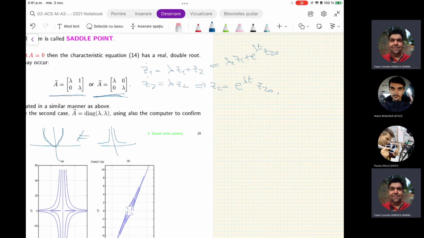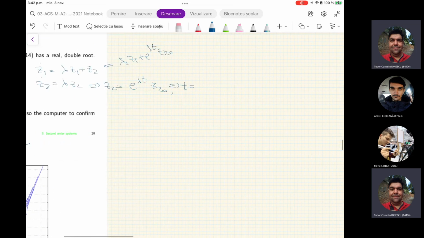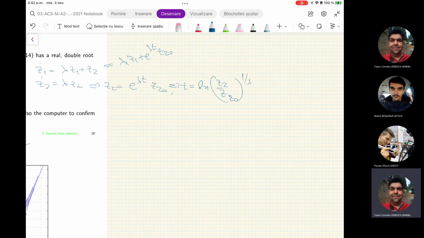You can do some computations, because you can extract t to be 1 over lambda times the natural logarithm of z2 over z2(0).